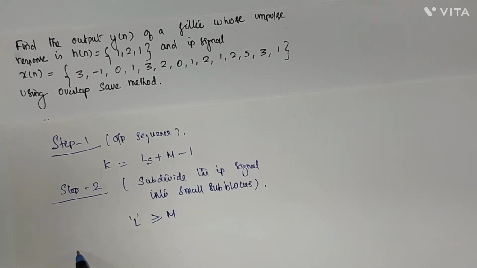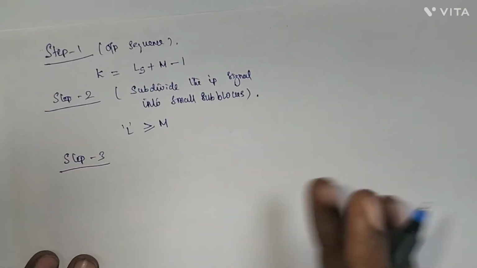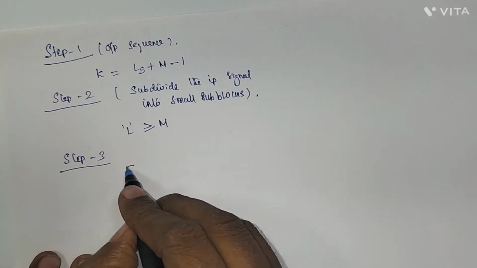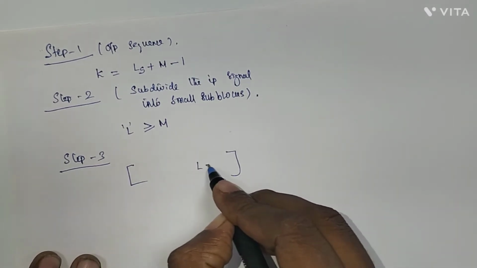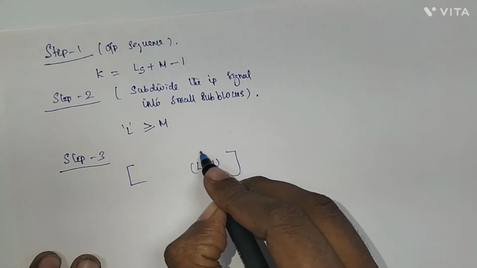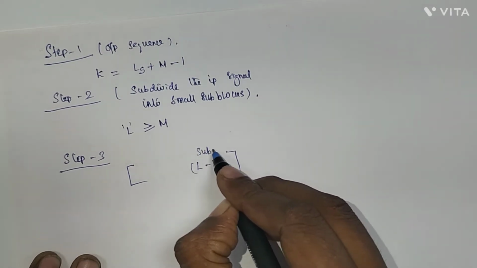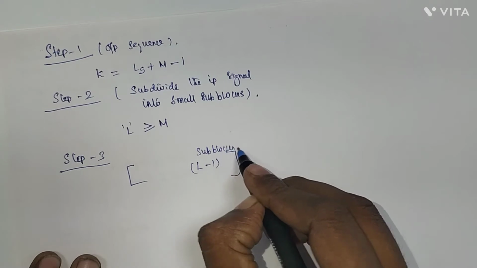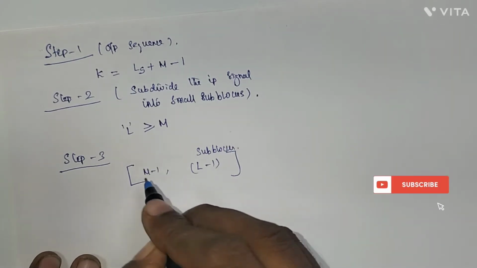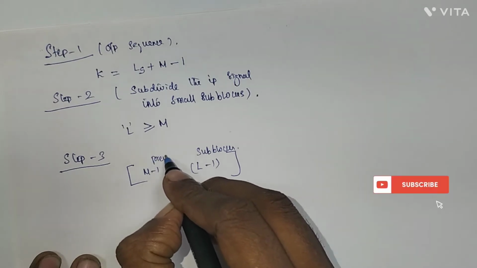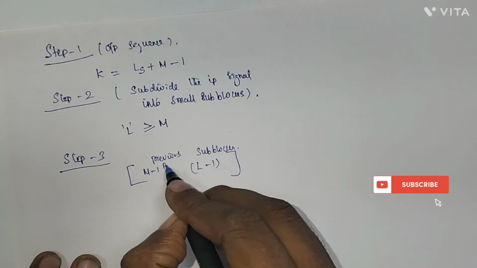Then what should be the content? That is step 3. Each subblock should contain L minus 1 input subblock samples and m minus 1 previous or past terms.